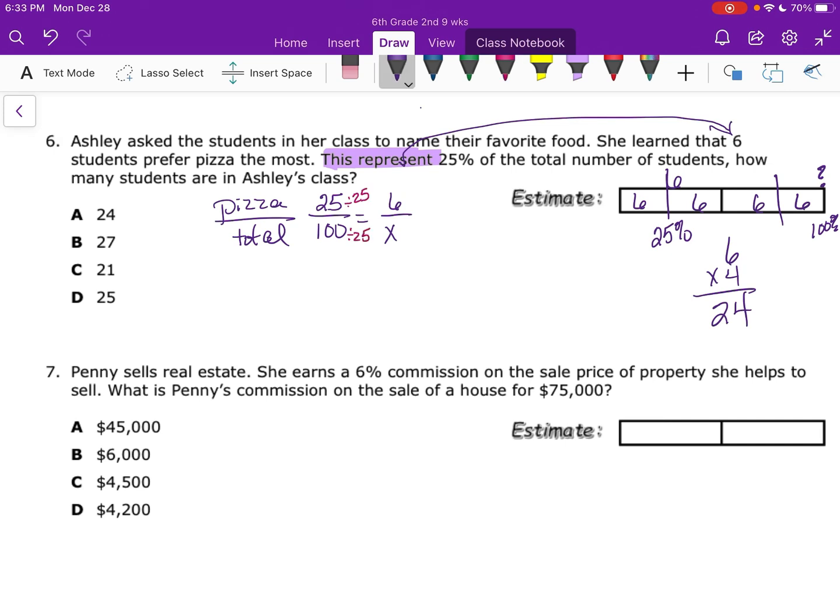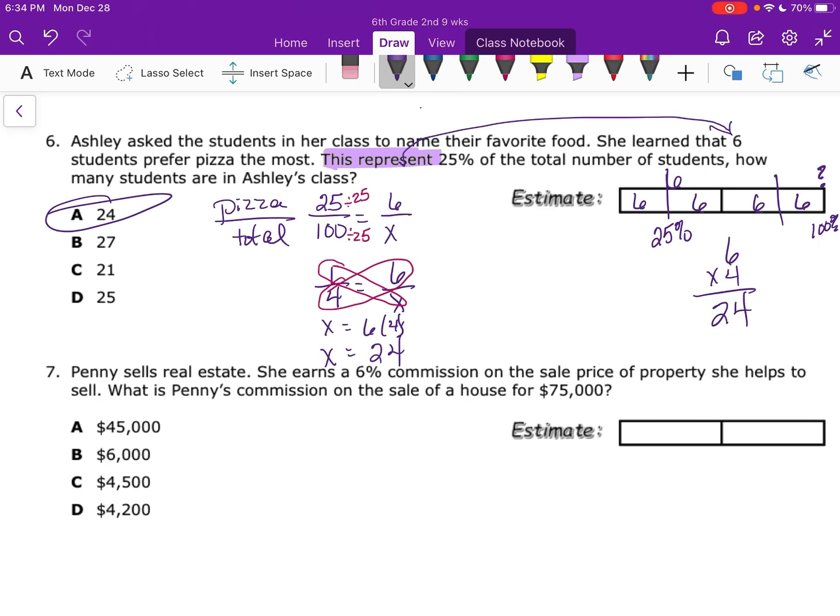And that's going to give us 1/4. Cross multiply. So X equals 6 times 4. So X equals 24.